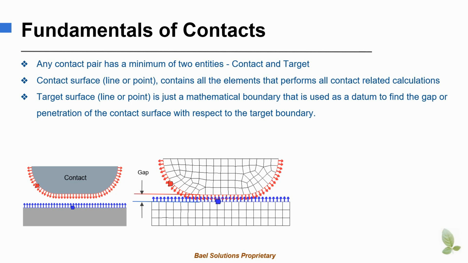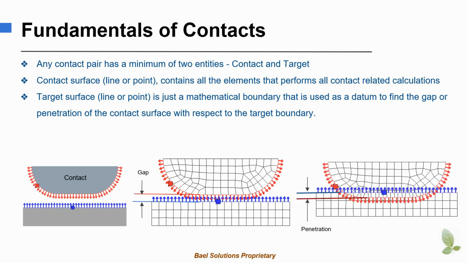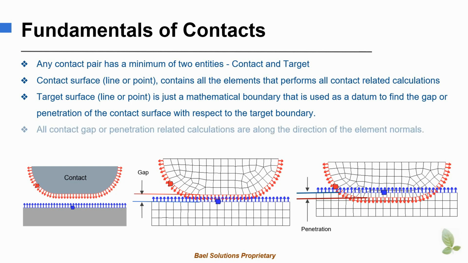The distance between the two is the gap. In the second meshed figure, the contact surface penetrates the target surface. Note that, in both the figures, the gap and penetration are calculated along the normal to the contact or target elements.